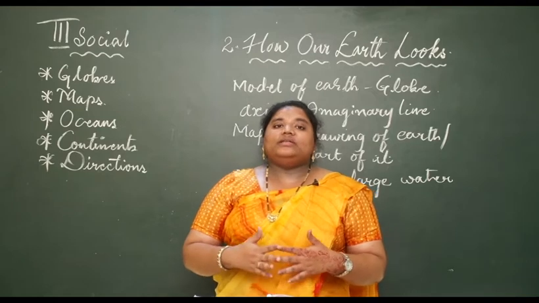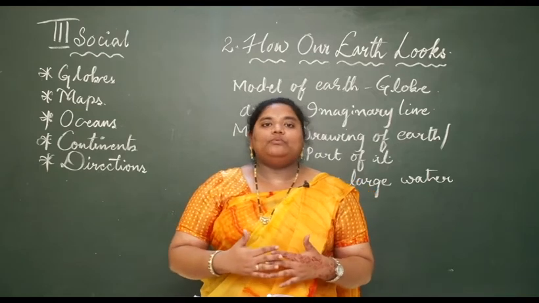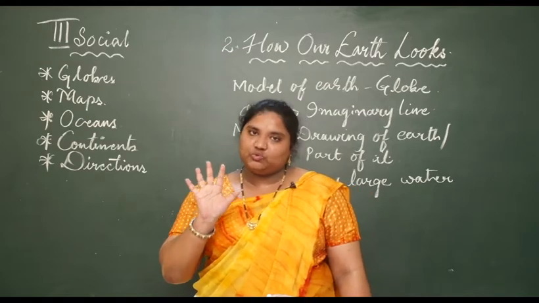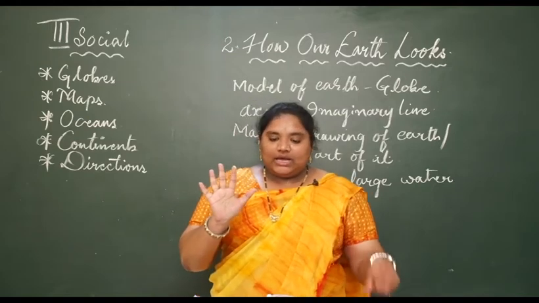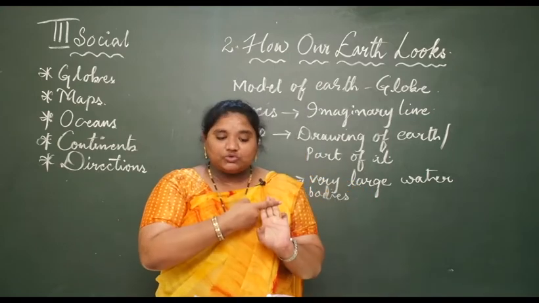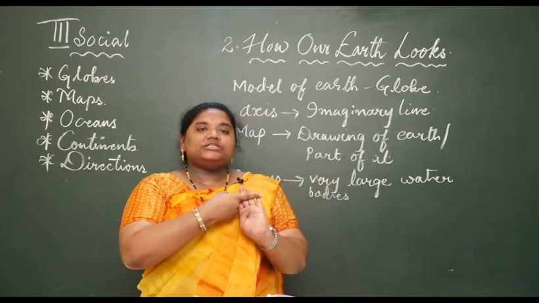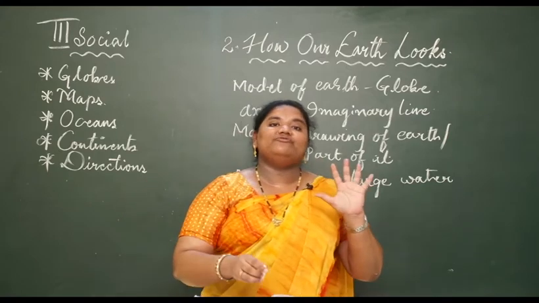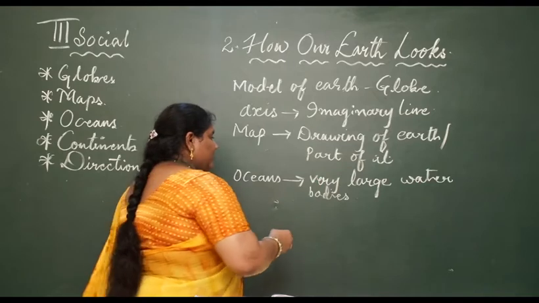So in the world map, on the planet Earth, we have 5 major oceans. They are the Pacific Ocean, Atlantic Ocean, Indian Ocean, Arctic Ocean and Antarctic Ocean. These are the 5 major oceans. What are they?